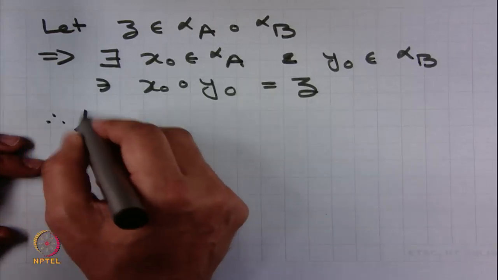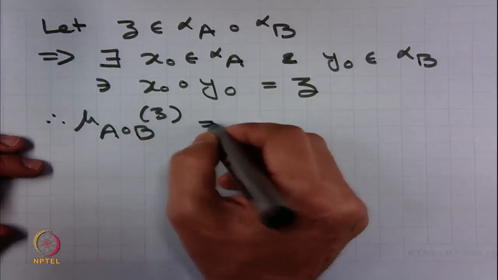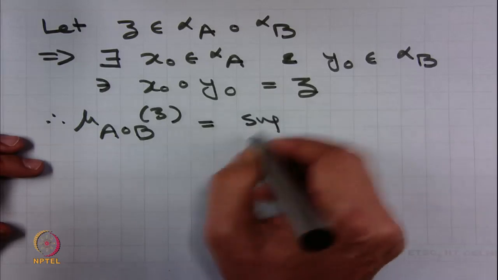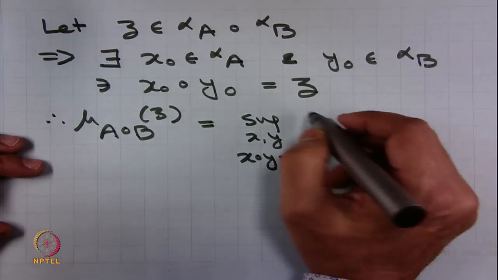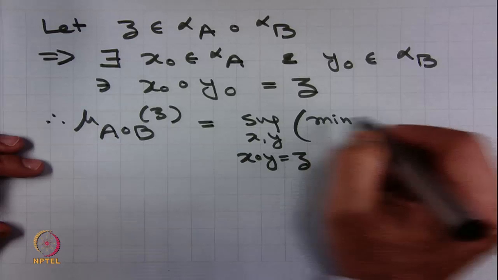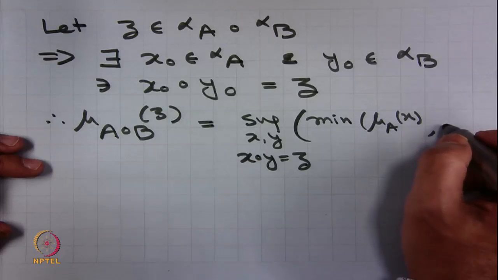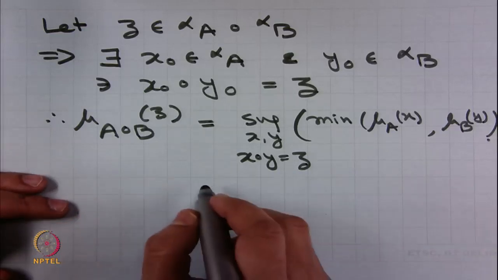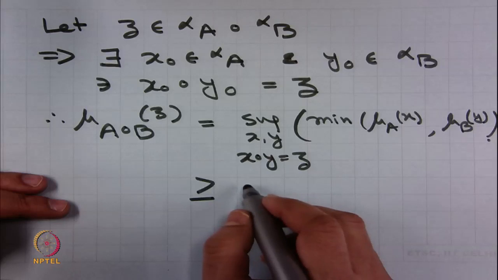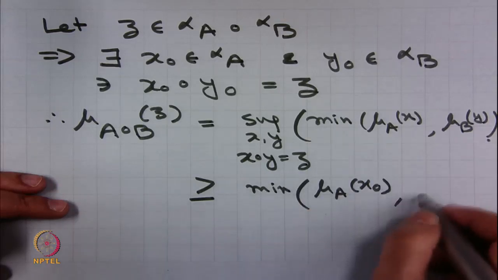Therefore, mu A*B of z, which is equal to the supremum over x, y such that x * y is equal to z of the minimum of mu A of x and mu B of y, is greater than or equal to the minimum of mu A of x naught and mu B of y naught.